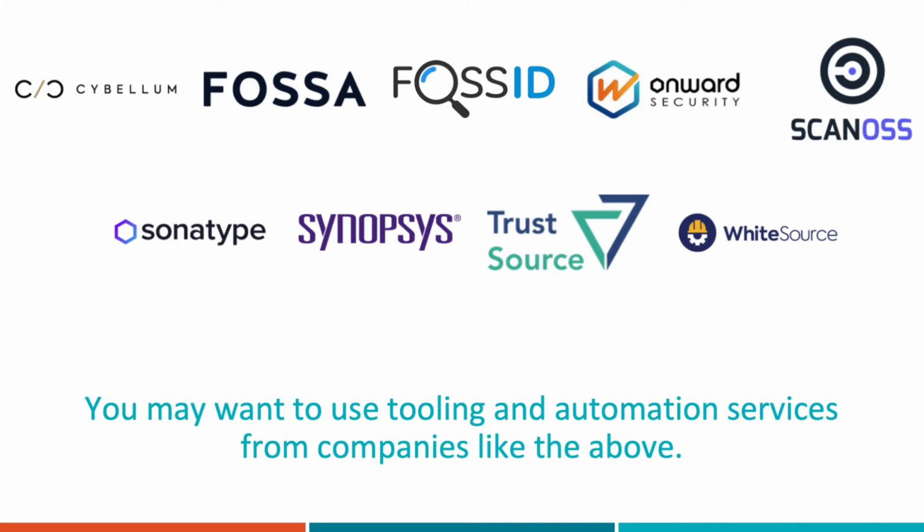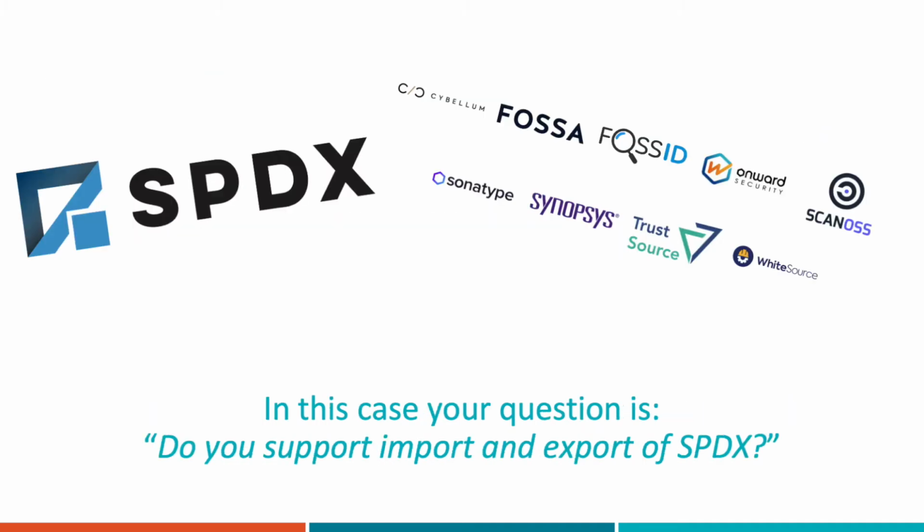So all of these companies have engagement around open source. They've got engagement in the OpenChain community. And if you want to use their tooling or automation services, the question is probably, do you support import and export of SPDX? And ideally, they should do so that you can transfer this information to other companies who can ingest it and import it and then export it further.